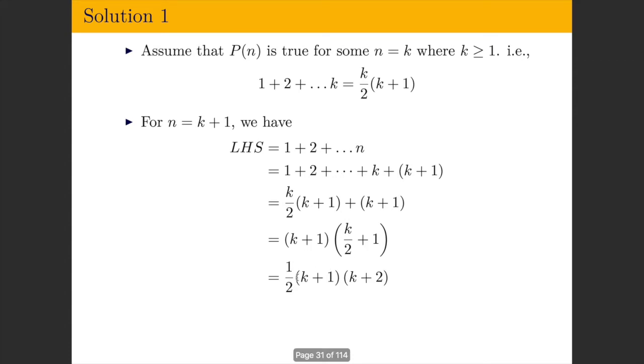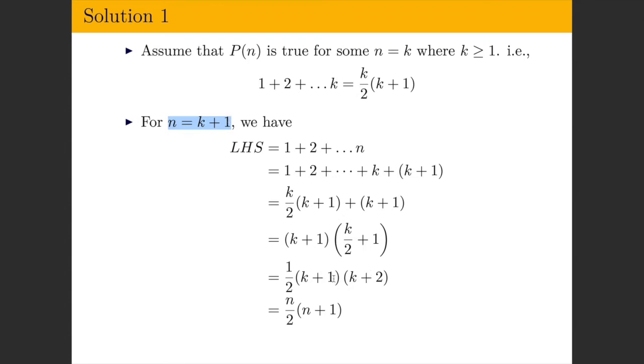Then I'm going to factor out the 2, the half here. So you notice here I factored out a half from this bracket here, leaving me with k plus 2. And finally, I want us to recognize that, remember, n is equal to k plus 1.